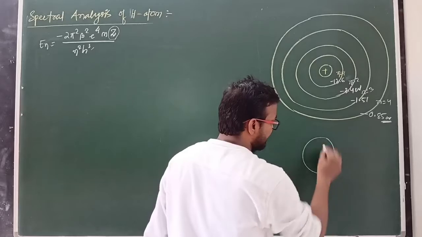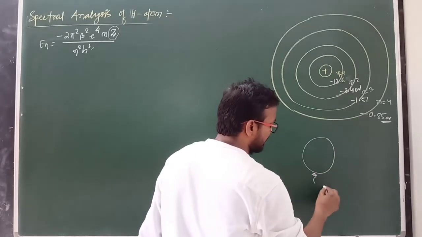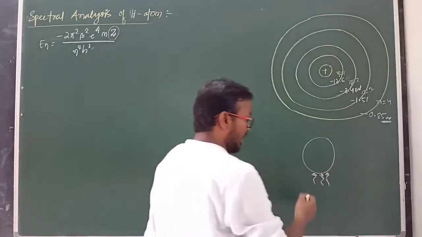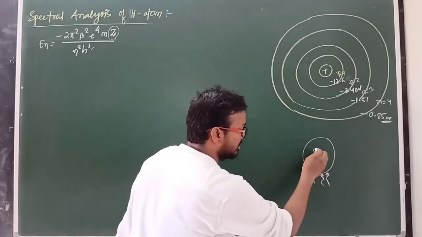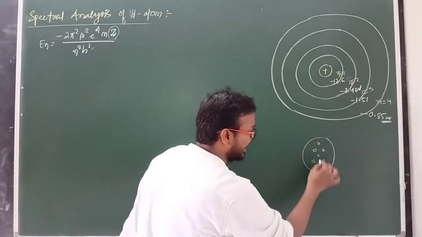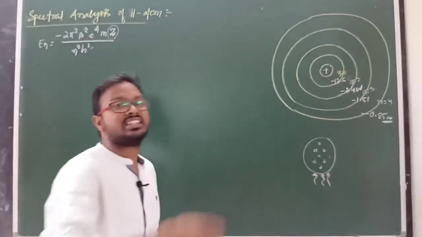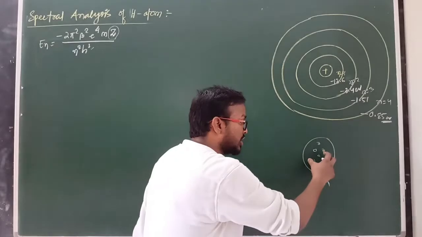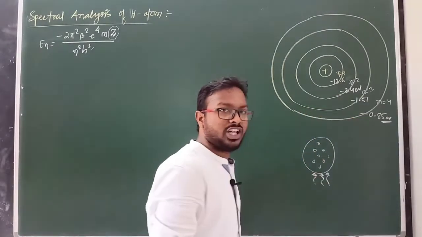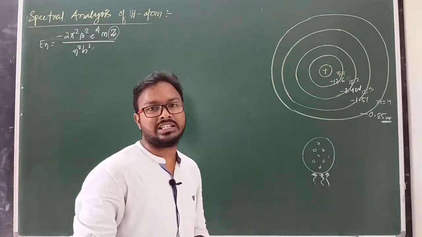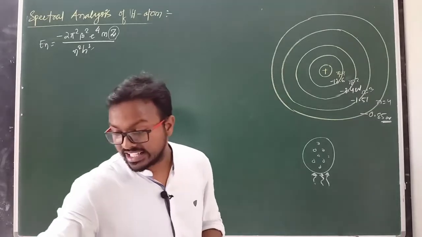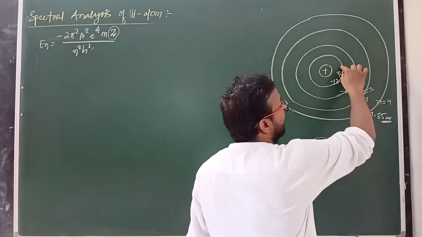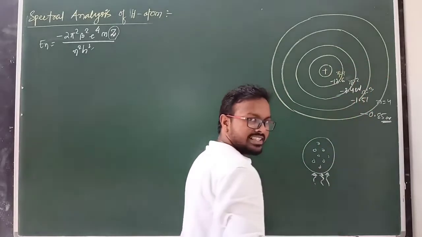Now we have to heat the atomic gas by using electric current. While we heat the atomic gas, the electrons absorb energy from the electric current. When an electron absorbs a particular amount of energy, then the electron jumps from the ground state to an excited state.